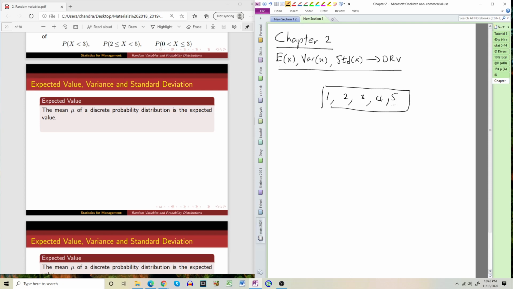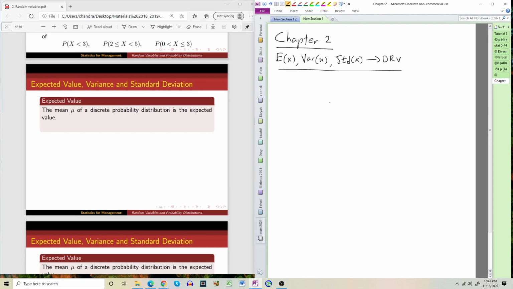You add everything and divide by 5, something like that. We can also find mean, variance and standard deviation if you are given the probability of getting 1, the probability of getting 2, 3, 4. If you have any information regarding the probability, you also can find the mean, variance and standard deviation of the particular data.